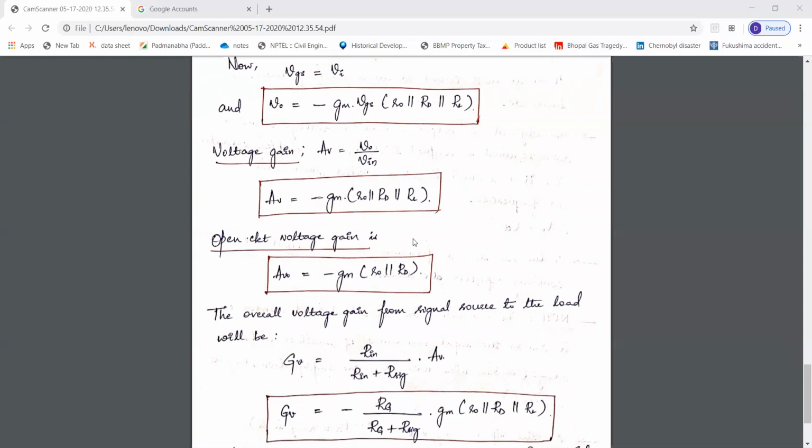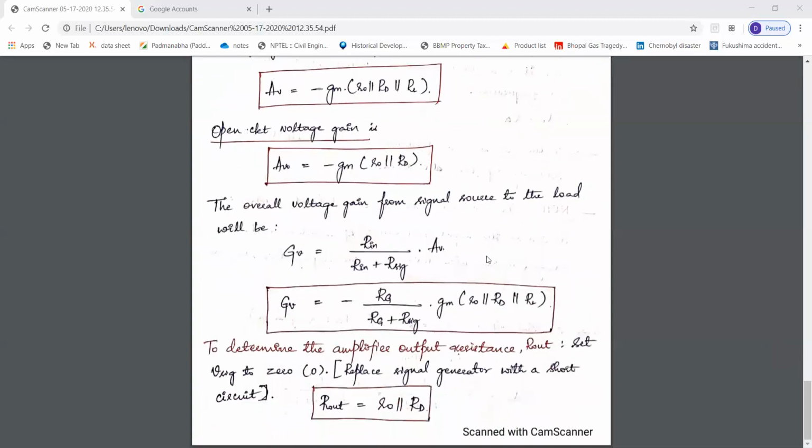Since we don't have RL, I'll not be writing RL. It's as simple as that, into R0 parallel Rd. So remember, voltage gain is denoted by Av. Open circuit voltage gain is denoted by Avo. Remember this. RL will be absent.